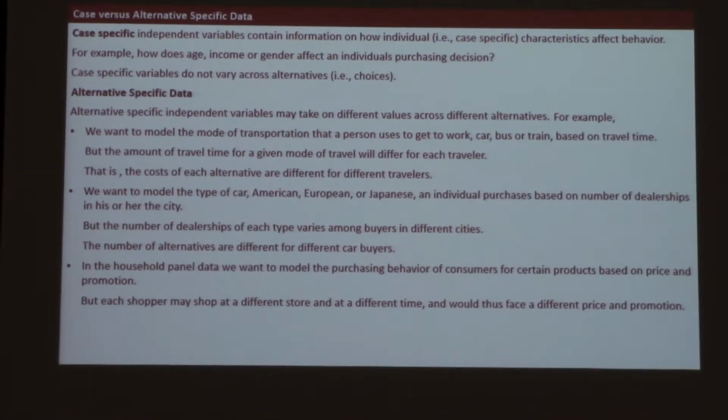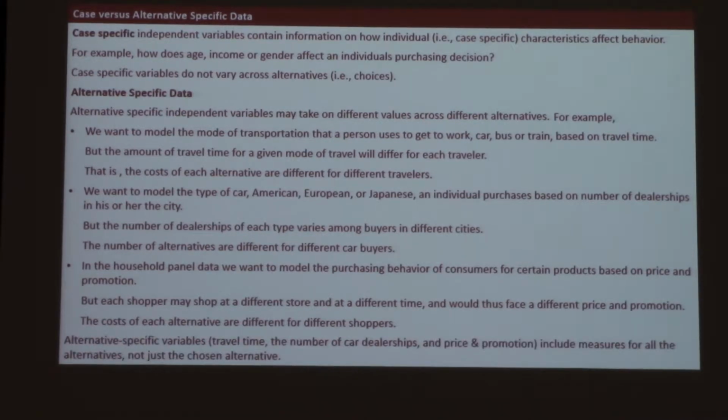It might be on display at Safeway, but no promotion at Kroger's, and it might be on feature at Raley's. So alternative-specific data is mostly going to be prices, but the prices differ across each alternative for each person. Think of the costs or the prices as different for different shoppers.